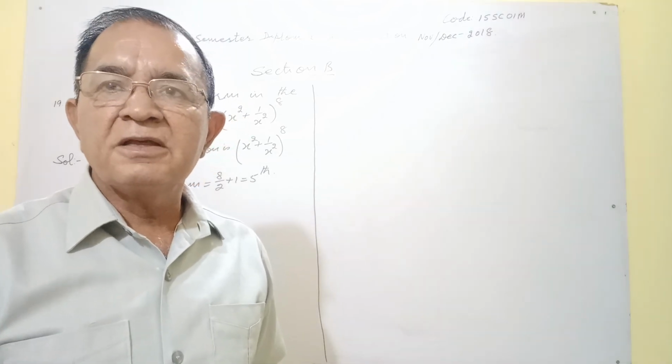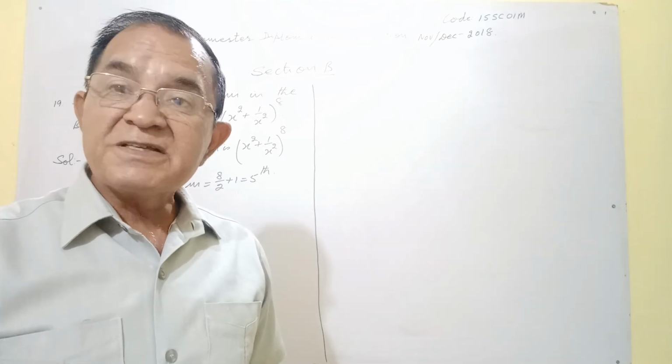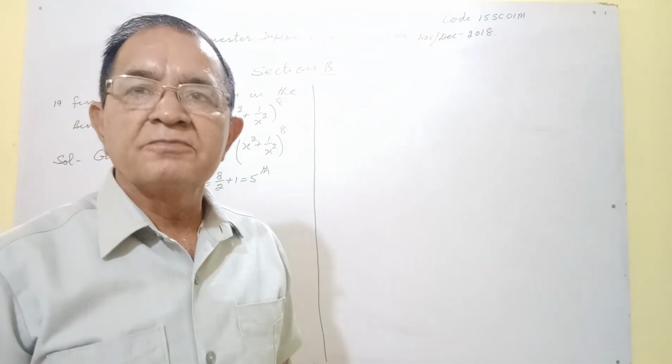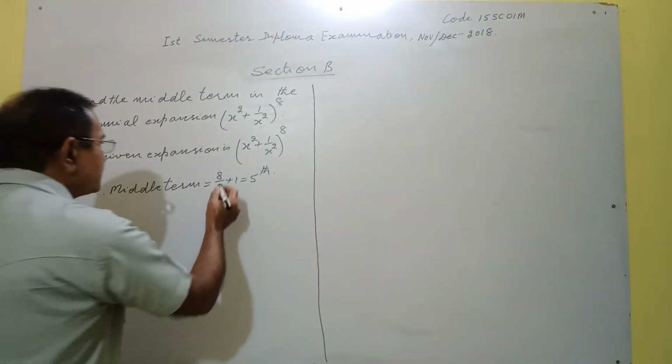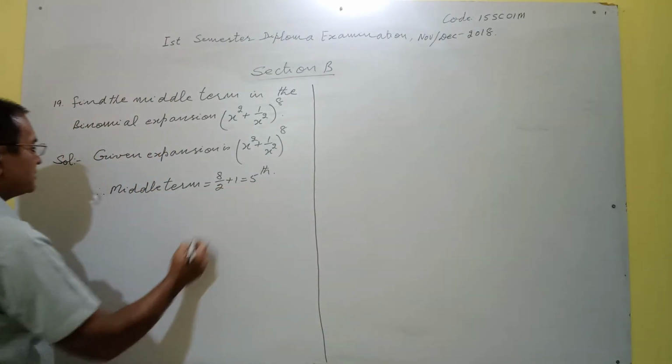If power is odd, then there are two middle terms: first add 1 and divide by 2, and then the next term. Here we have even, so divide by 2 plus 1, fifth term.